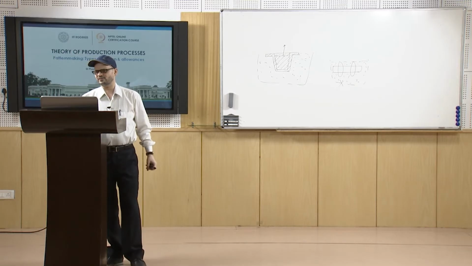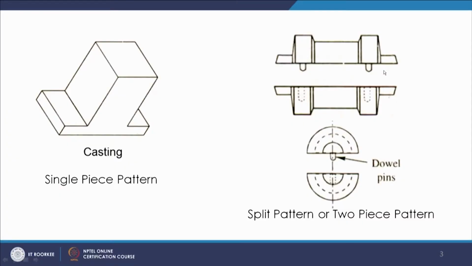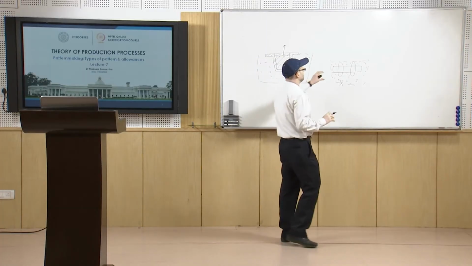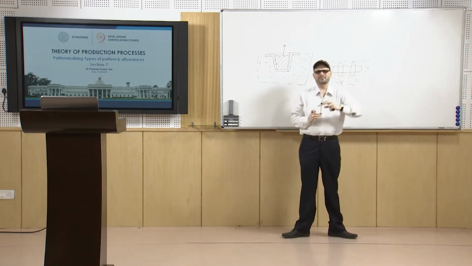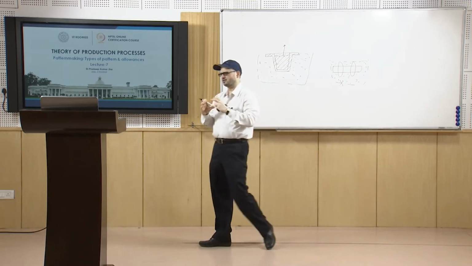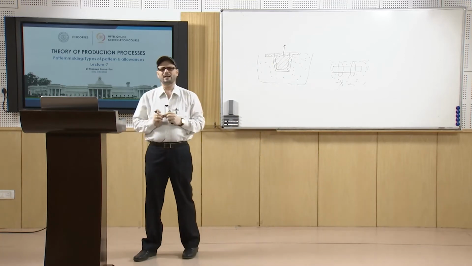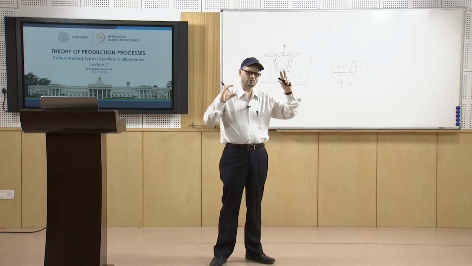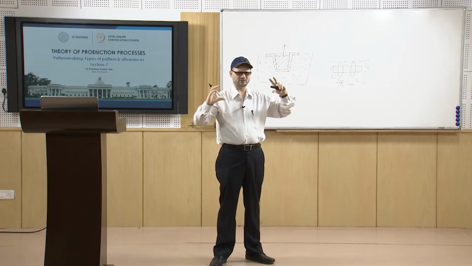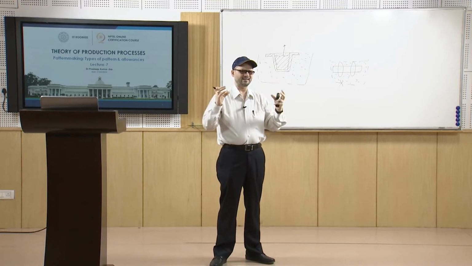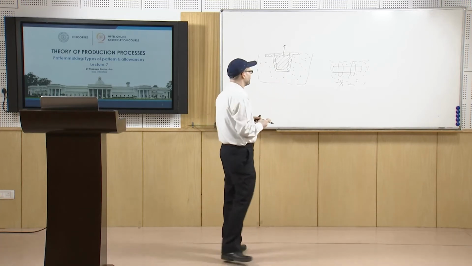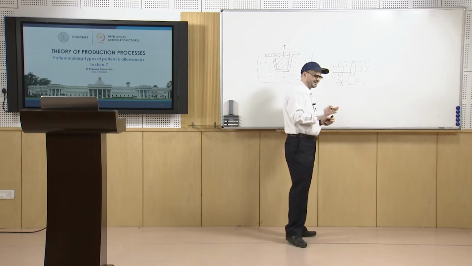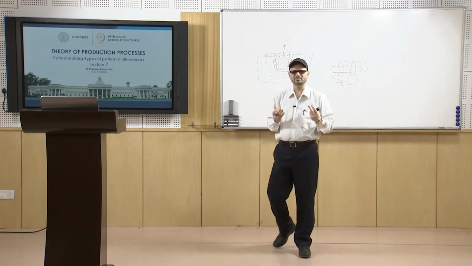So, what we do is split the pattern into two halves, and every half is made and then they are joined together. Once you get the cavity, you have two boxes, then these boxes are joined, and you make the gates, or you cut them by hand, because it is still a simple shape.